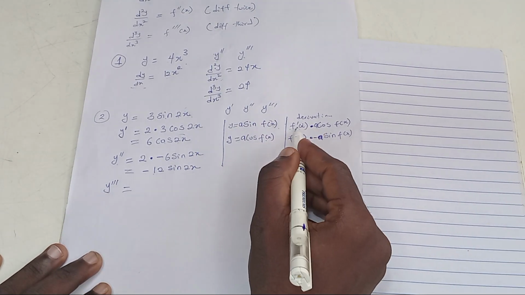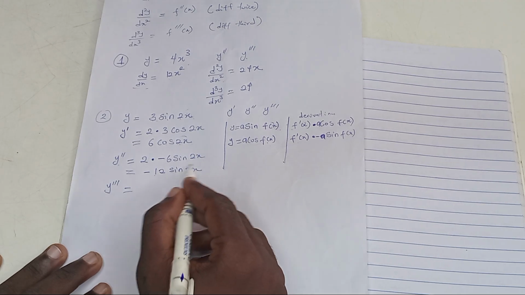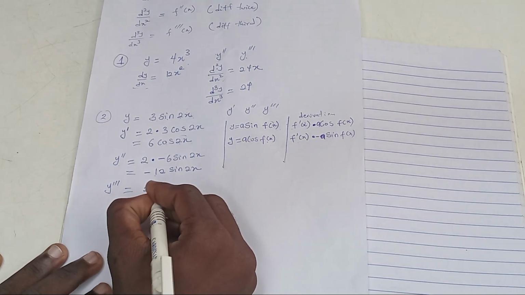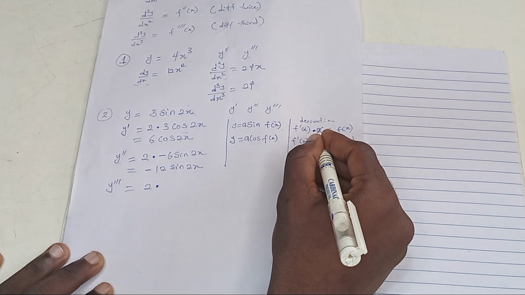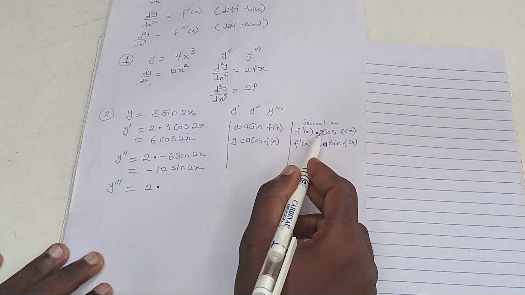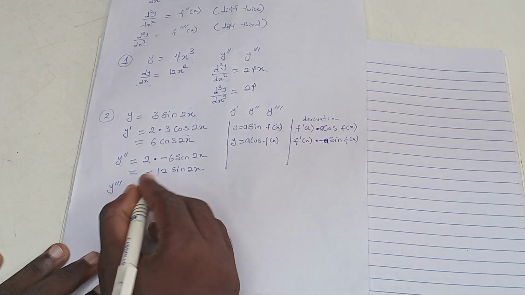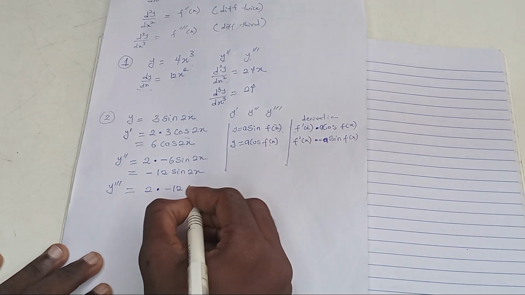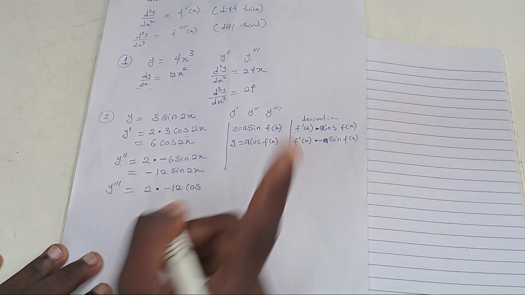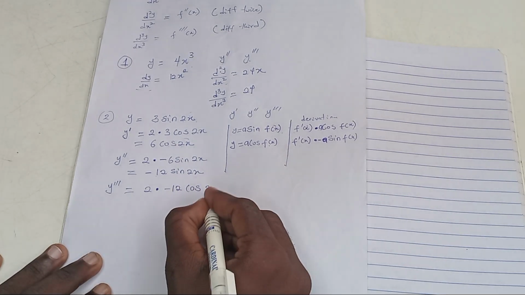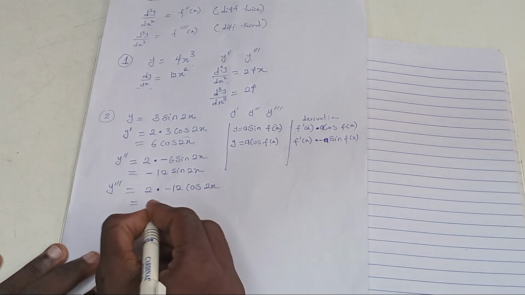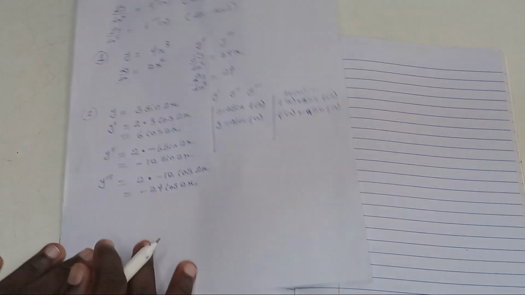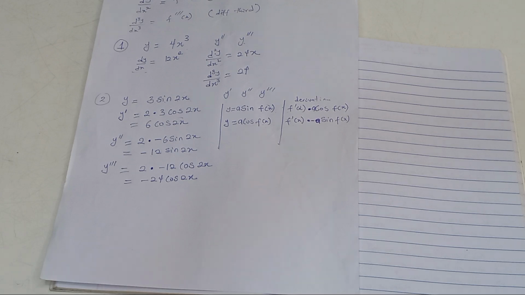Our function of x is 2x, so f prime x becomes 2. 2 times a, where a is minus 12, times cos of the function of x, which is 2x. So we have minus 24 cos 2x, and that's our final answer.